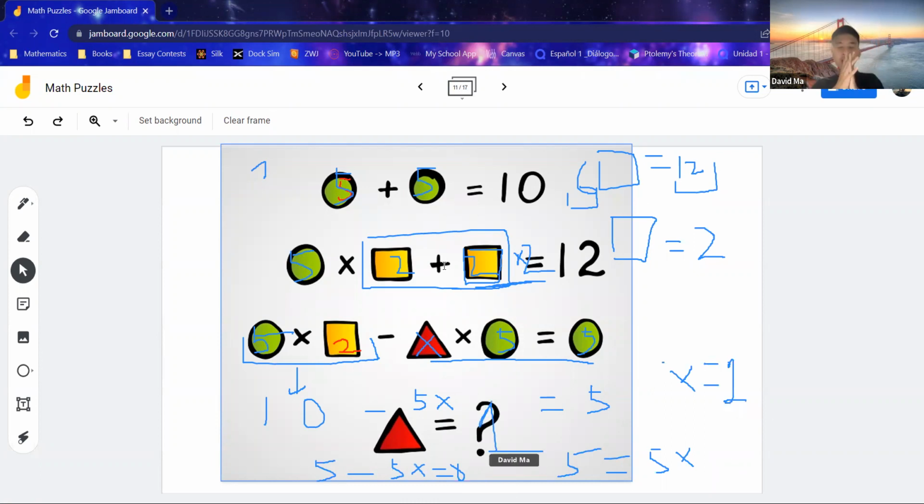But actually, there's a much more interesting way to solve this question.